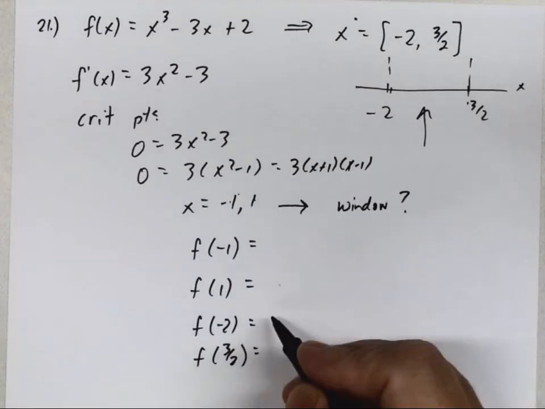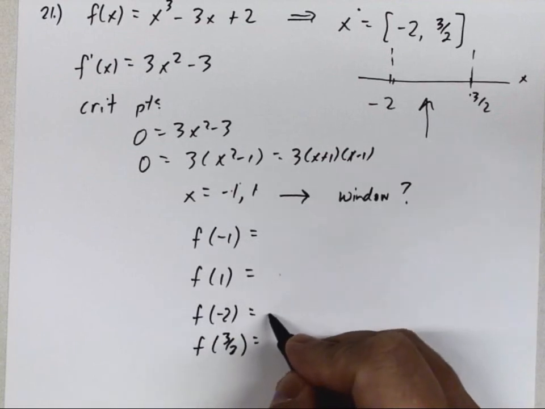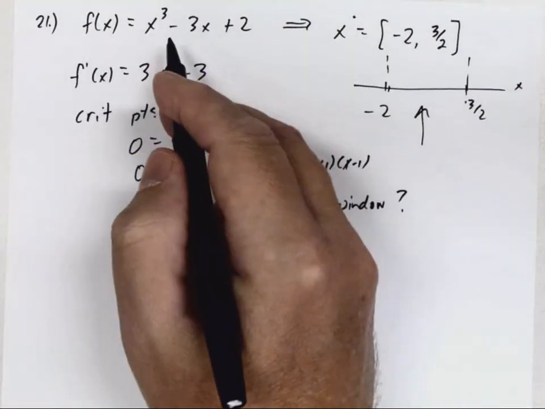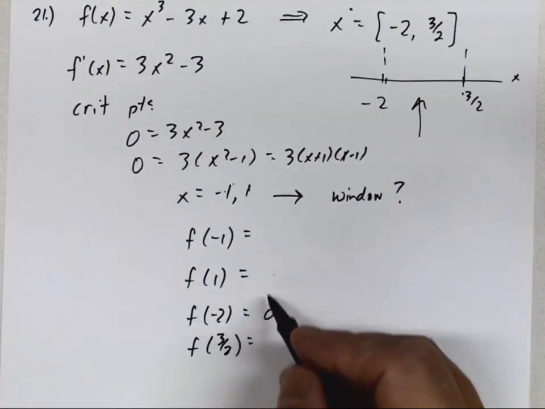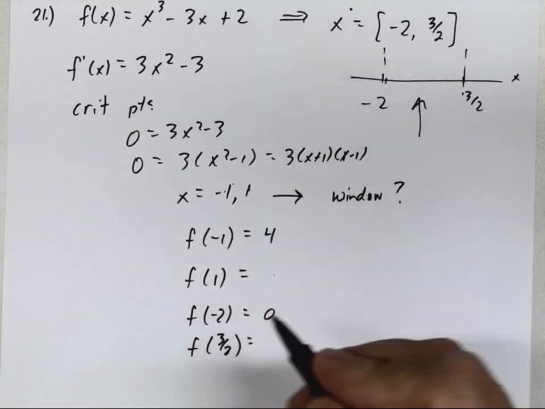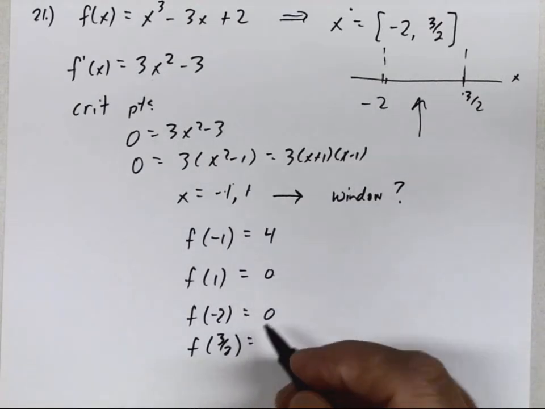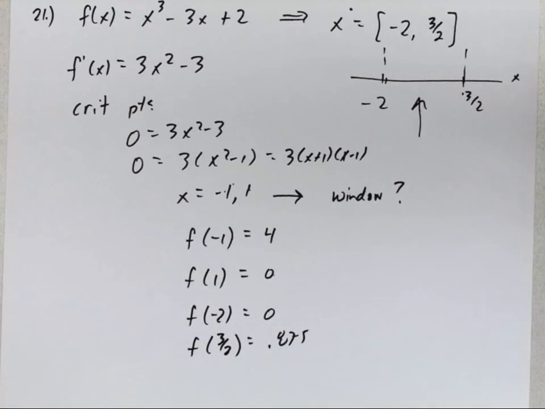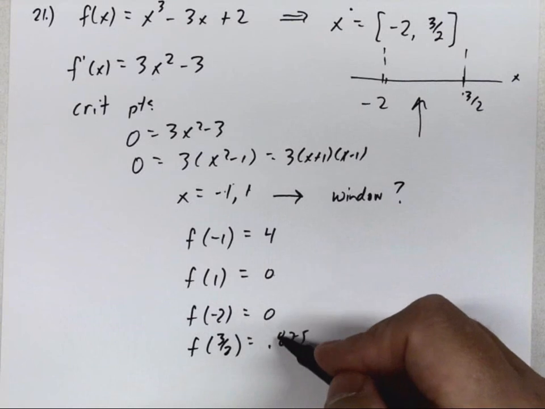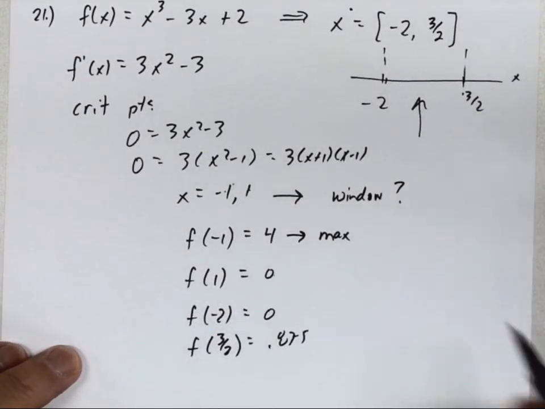Now, just to save time, I've gone ahead and done this math before. F of negative 2, when you plug negative 2 into the original function, turns out it equals 0. F of negative 1 is 4, f of 1 is 0, and f of 3/2 is 0.875. So all you do now, for the absolute maximum, is see which of these values of the function is largest. 4 is the largest.